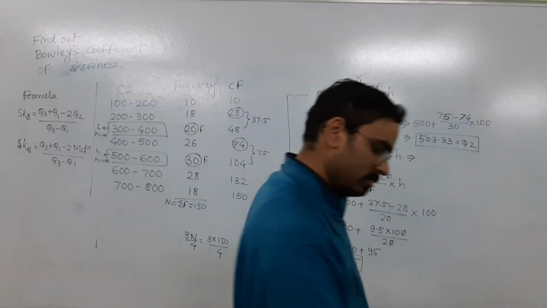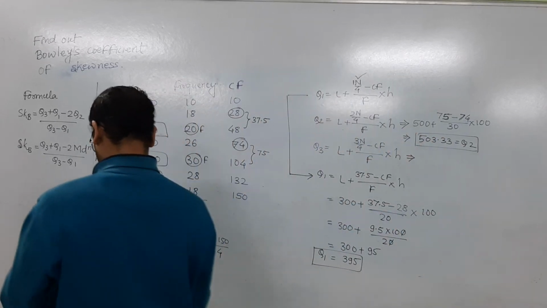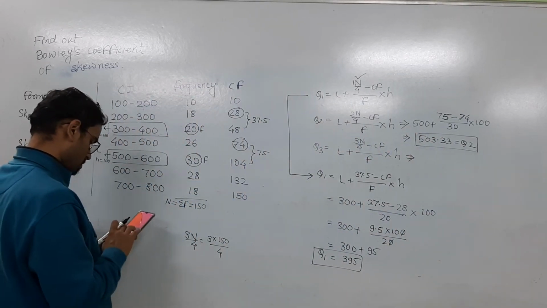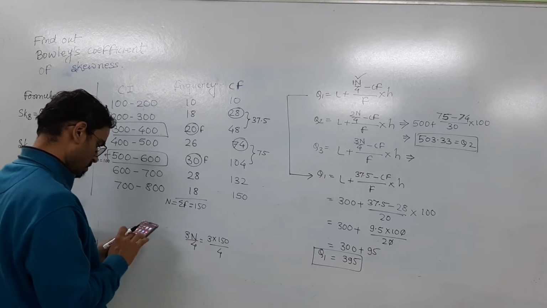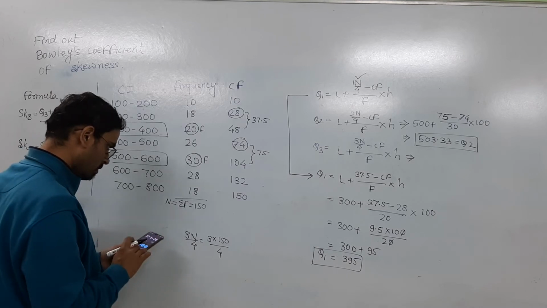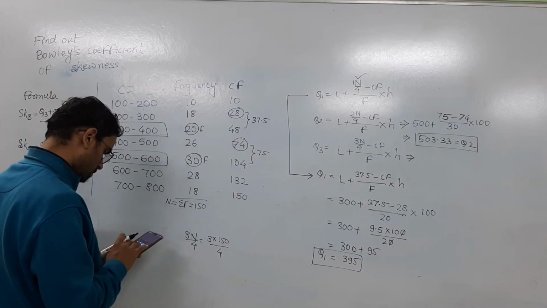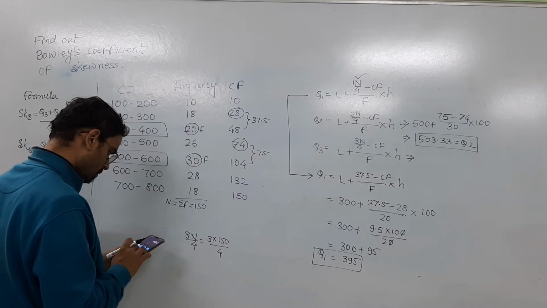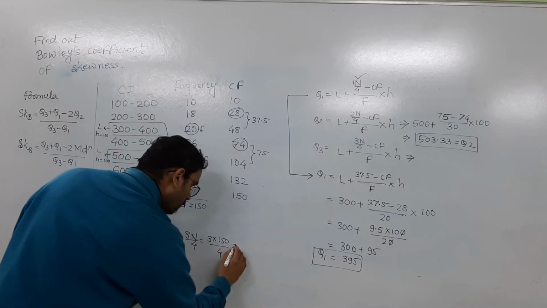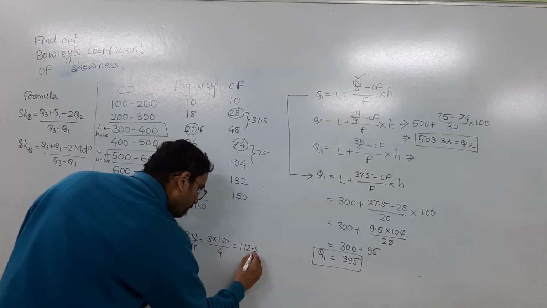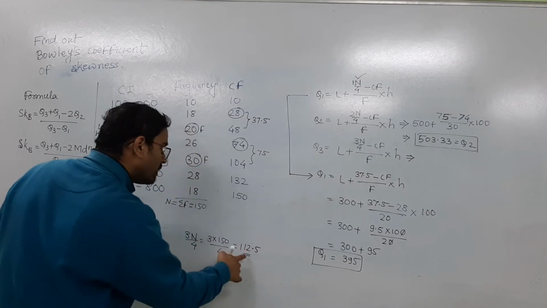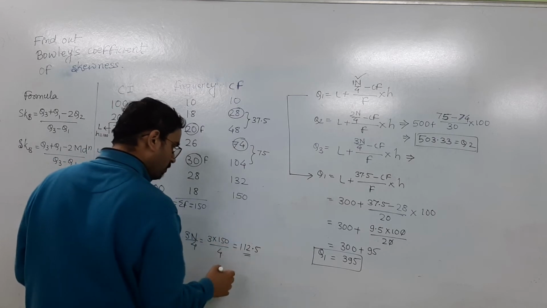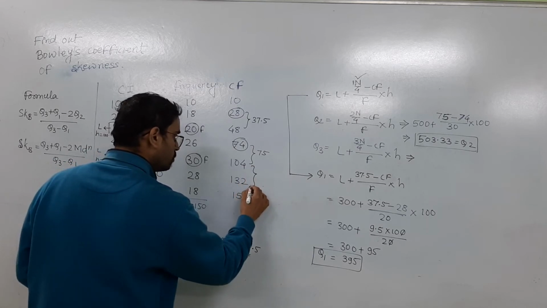What will it be? 112.5. So just locate that value. That value will be lying between these two terms.